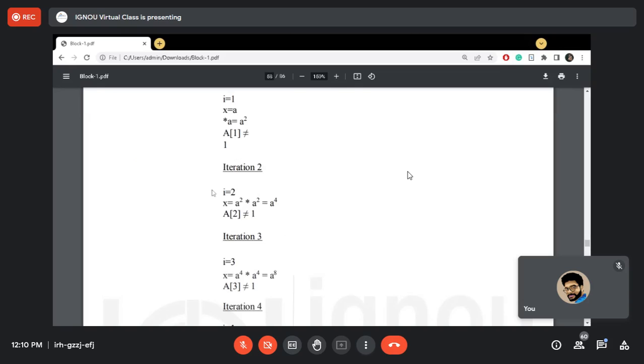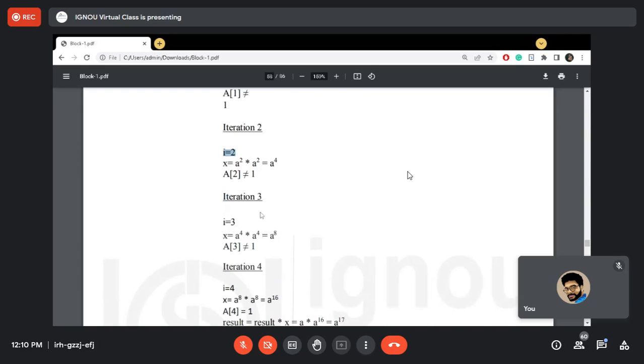So we increment the ith value. Here we multiply a square into a square, which is a to the power 4. Again, the second location value is 0, not equal to 1. We increment our ith value and multiply a4 into a4, that means x into x according to this algorithm. So here is a to the power 8.